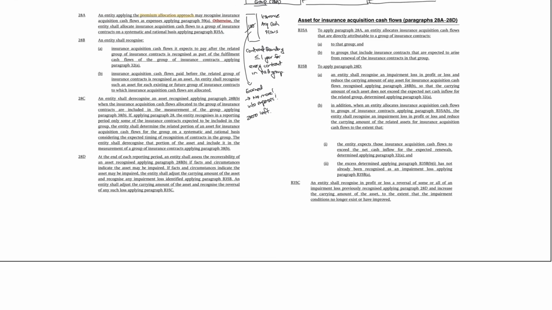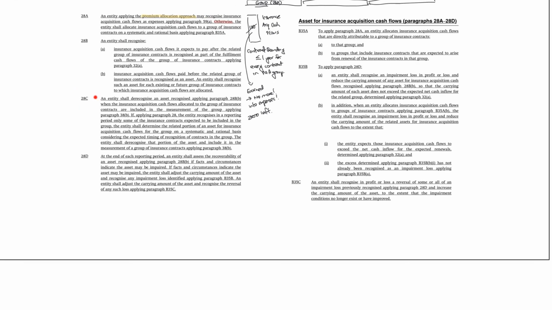So that's 28C, and this impairment testing is done at the end of each reporting period. And if facts and circumstances indicate that the asset may be impaired, the entity shall adjust the carrying amount of the asset and recognize this applying B35B, okay, which is this component over here.